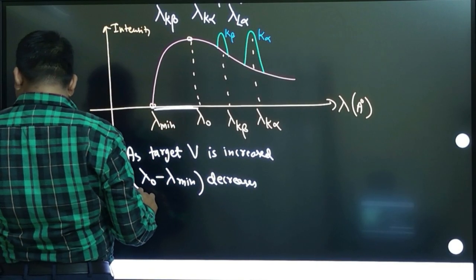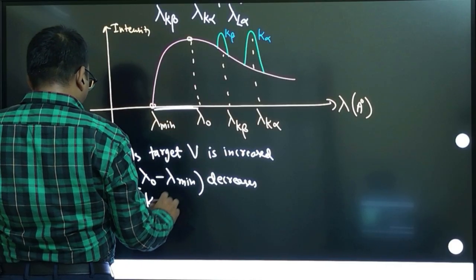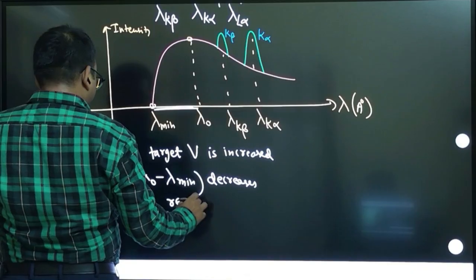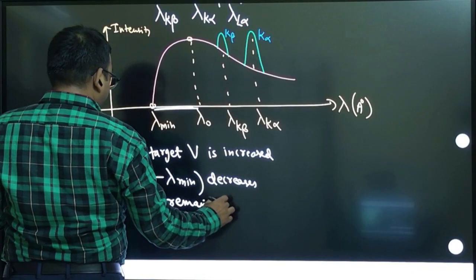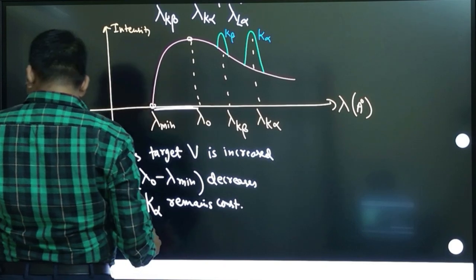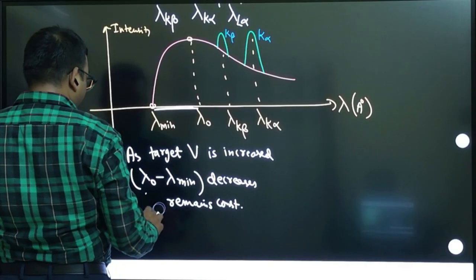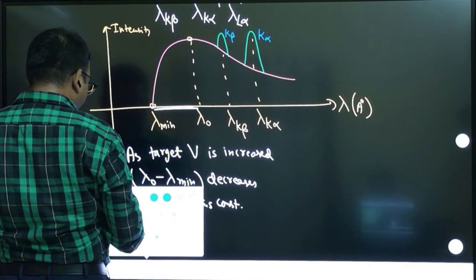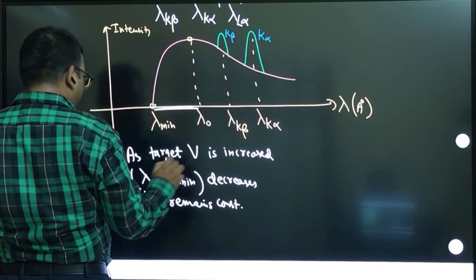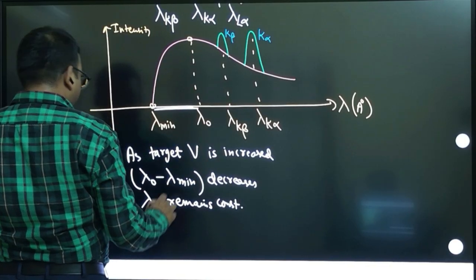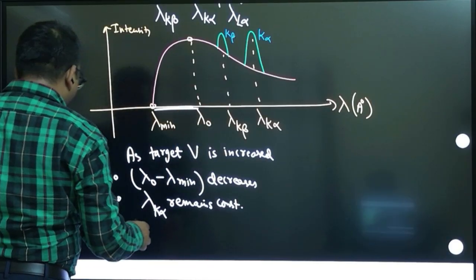Then second point, K alpha remains constant. So wavelength of K alpha remains constant, because characteristic wavelength does not depend on this voltage. We have discussed already. K alpha, K beta, this wavelength will not be changed.